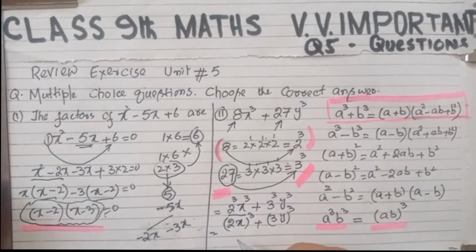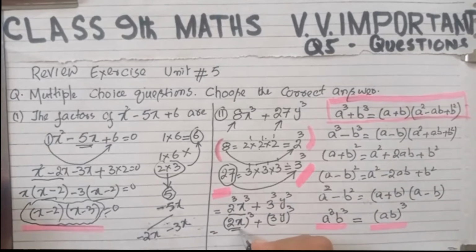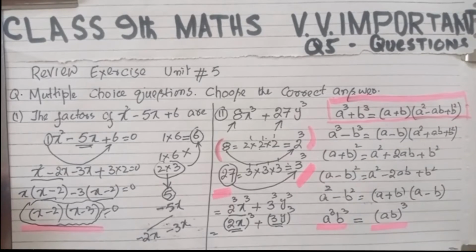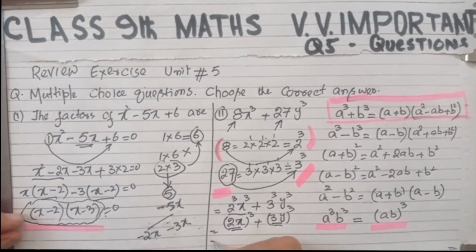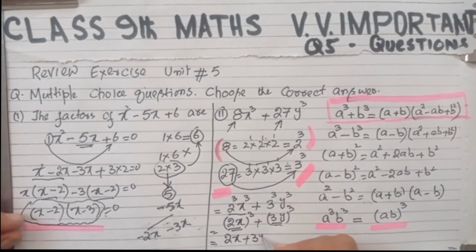So here a is 2x and b is 3y. Where a is written, I will write 2x, and where b is written, I will write 3y. So that will become 2x plus 3y.